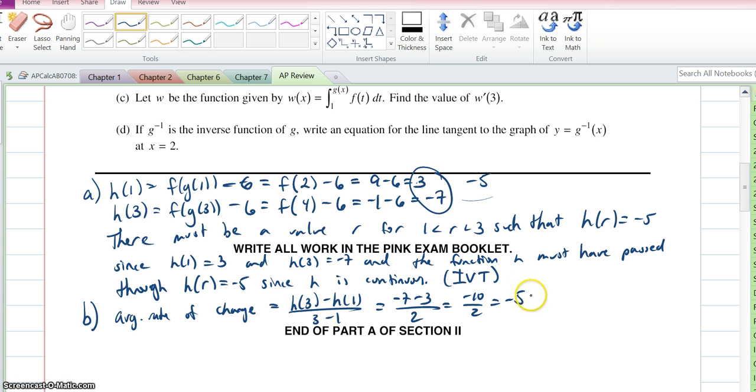So basically, we're saying that since the average rate of change is negative 5, there has to be an instantaneous rate of change, that's the derivative, that's equal to negative 5 at some point too. And that comes from the mean value theorem.